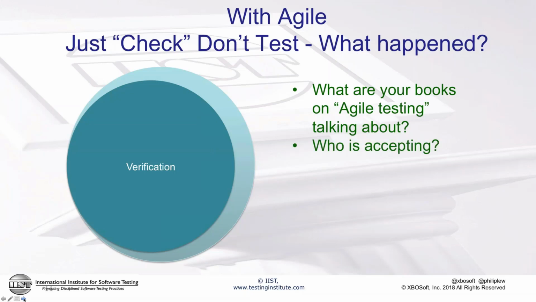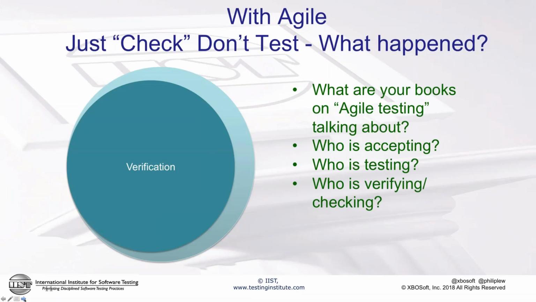Who is doing the accepting? And I think what we find is that the developers, or possibly the product owner, depending on if they have enough time, could be doing the accepting. Who is doing the testing? I mentioned before, everybody's responsible for quality, which means that nobody is responsible for quality. And then, who is checking and verifying versus who is really doing testing.